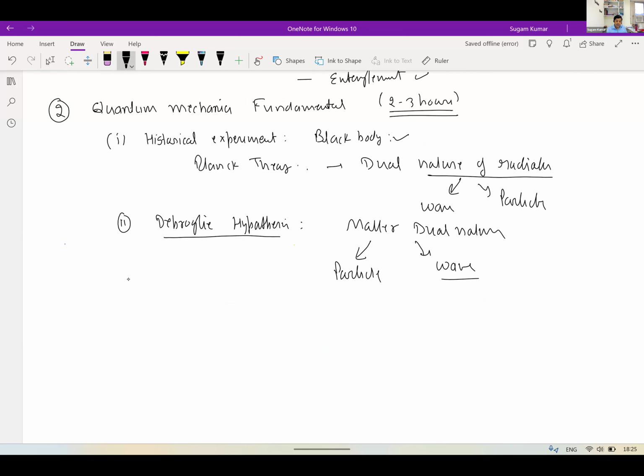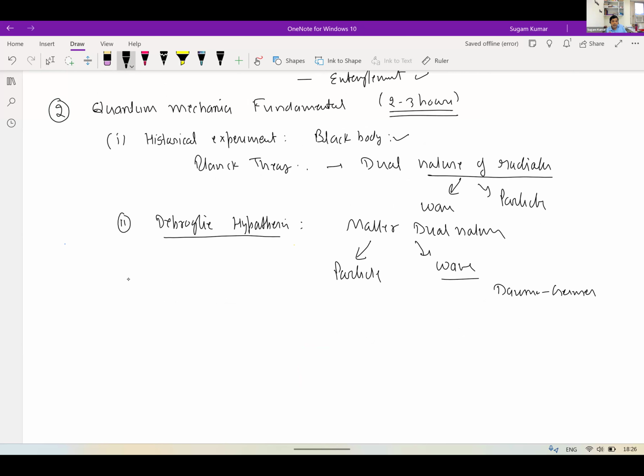Davisson and Germer performed an experiment in which they used an electron beam incident on a nickel crystal, and they saw that it created a diffraction pattern.